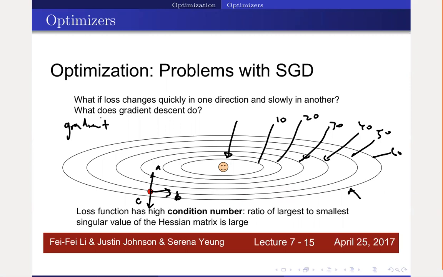If you're somewhere inside the hill, the physical meaning of gradient is the direction. The physical meaning is the direction going uphill, the steepest direction going uphill.